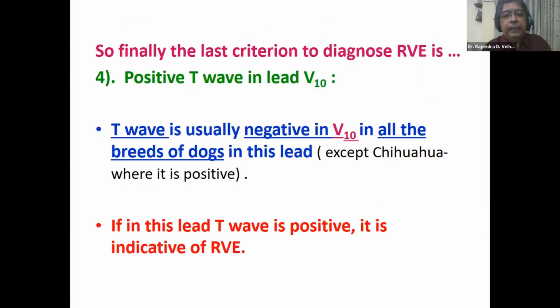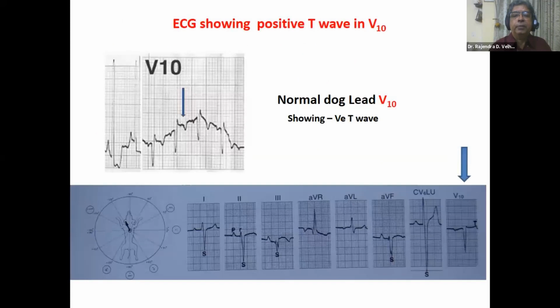And finally, the last criterion to diagnose right ventricular enlargement is a positive T wave in lead V10. Now, the T wave is usually negative in all breeds of dogs. In lead V10, the T wave is always negative, except in Chihuahua, in which it is normally positive. So if you observe a positive T wave in other breeds of dogs, it is suggestive of right ventricular enlargement.